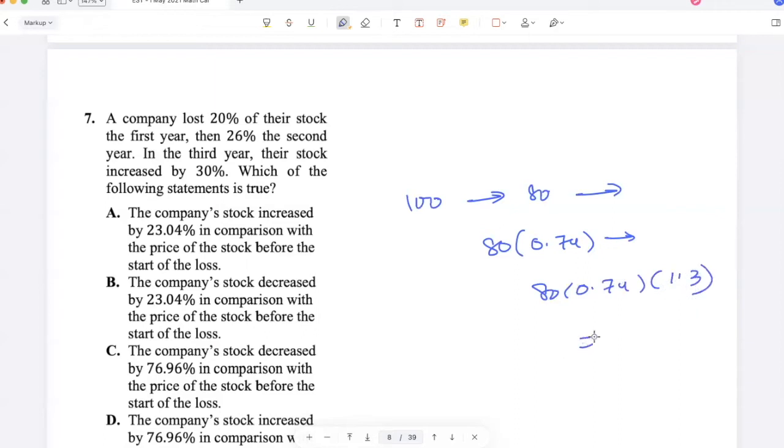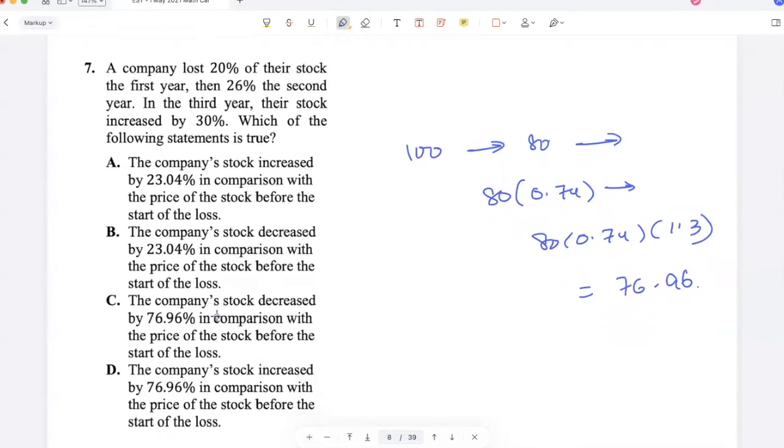So the final price after the 3 years was, let's plug this, 80 times 0.74 times 1.3. So 76.96. So it lost 23.04% in comparison with this price of the stock before the start of the loss.